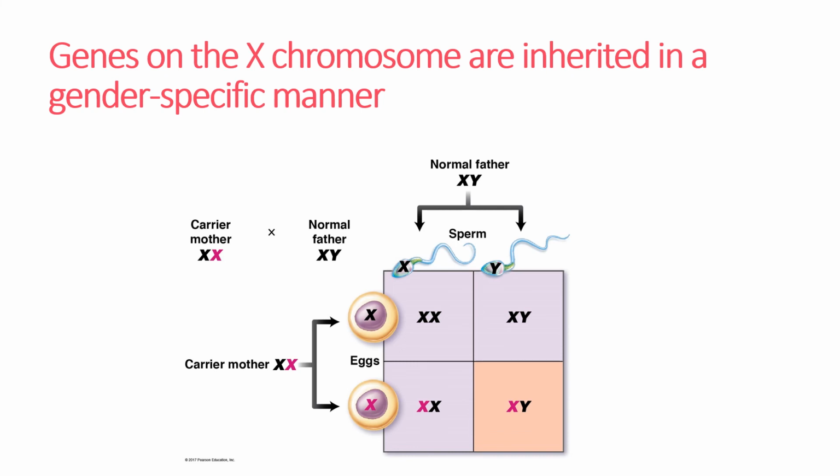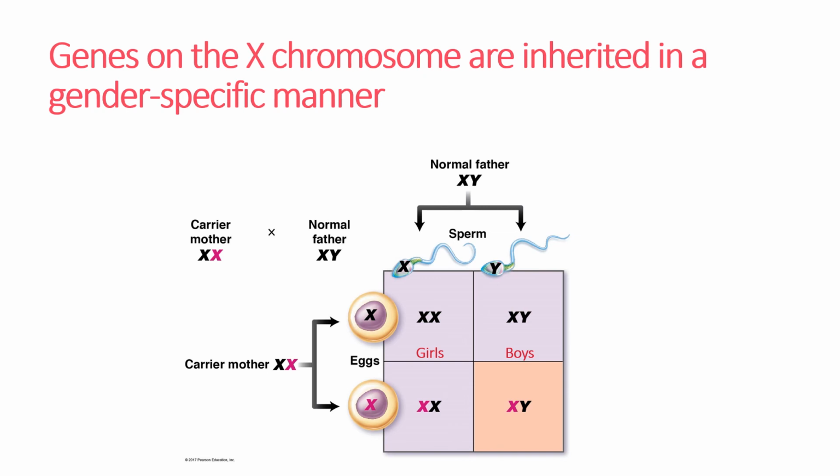When we look at a Punnett square for a sex-linked trait like hemophilia, the father will produce either X chromosome carrying sperm or Y chromosome carrying sperm.